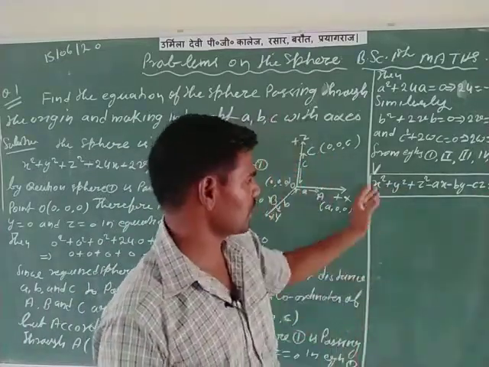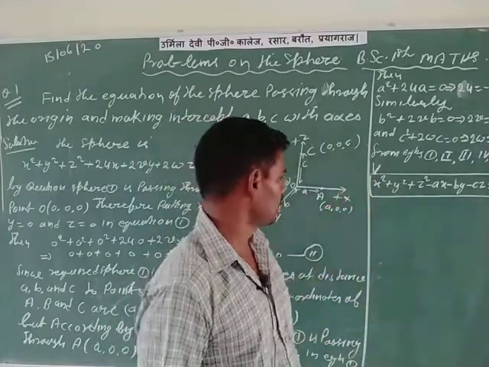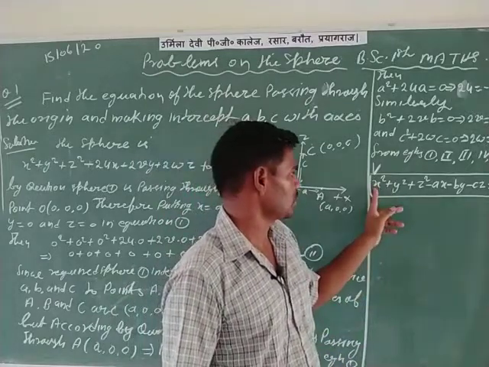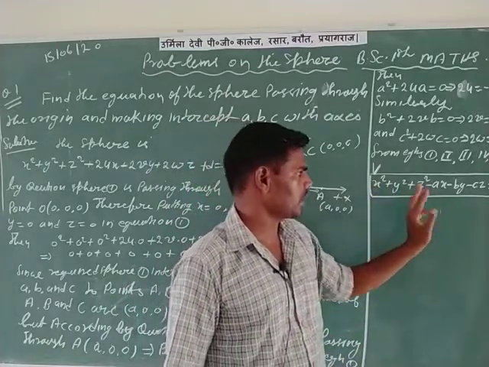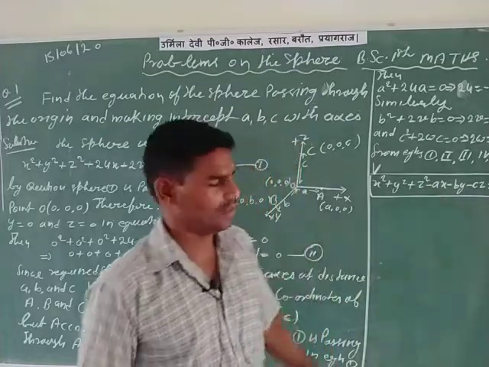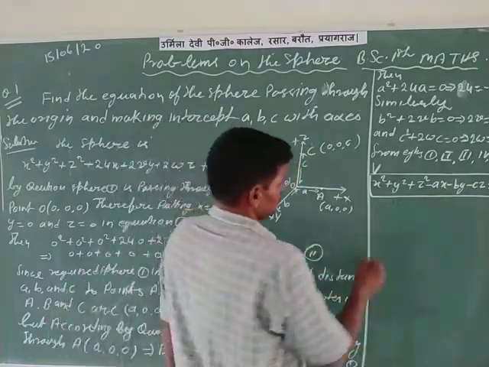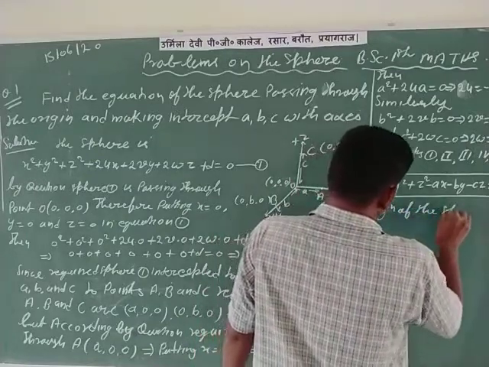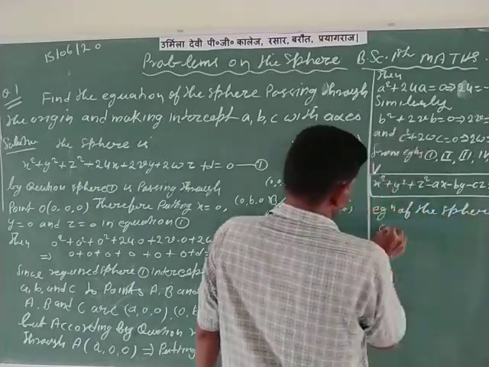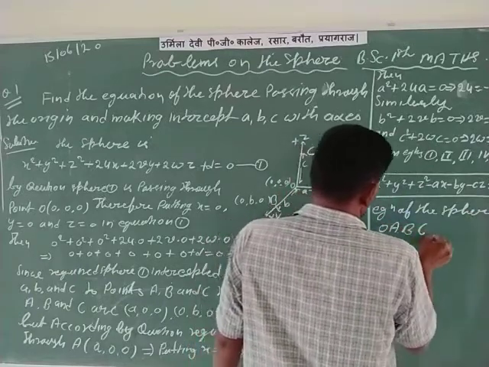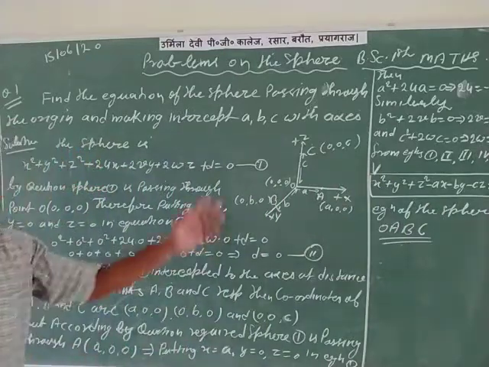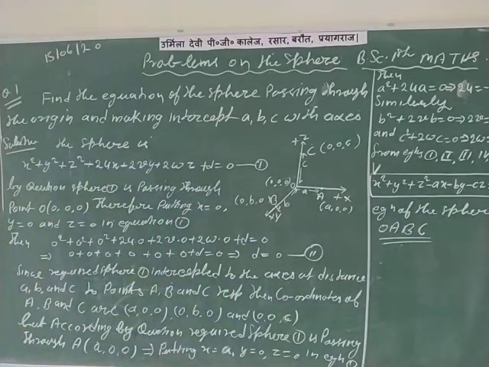Means the equation of the sphere which passes through the points capital A, B, C and the origin is x square plus y square plus z square minus ax minus by minus cz. This is also known as the equation of the sphere capital O A B C. So the sphere is capital O A B C, whose equation is this. After this, take the next question.